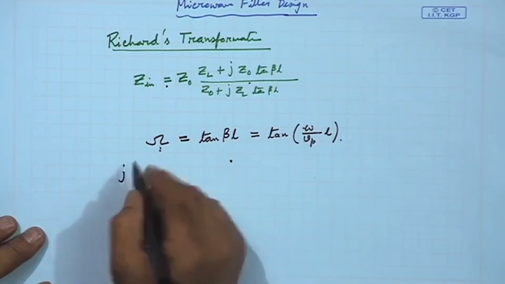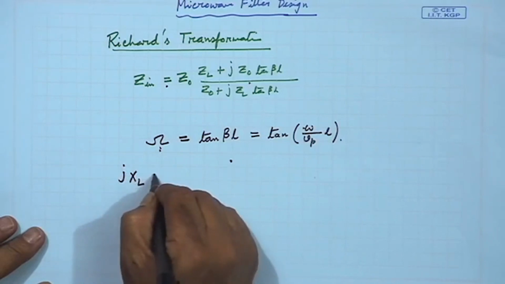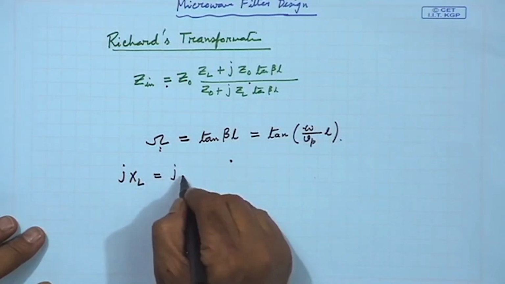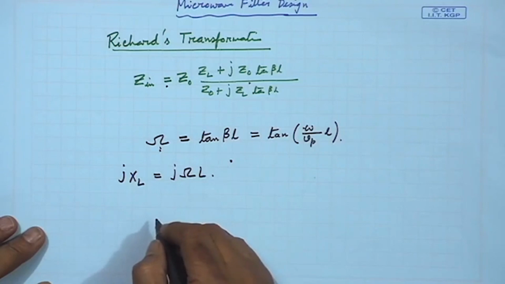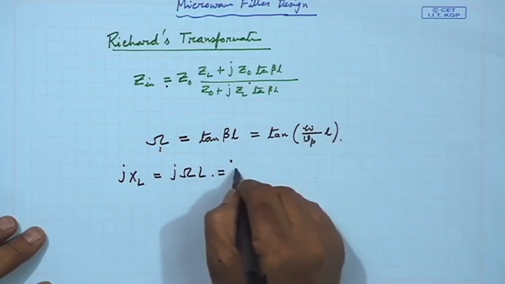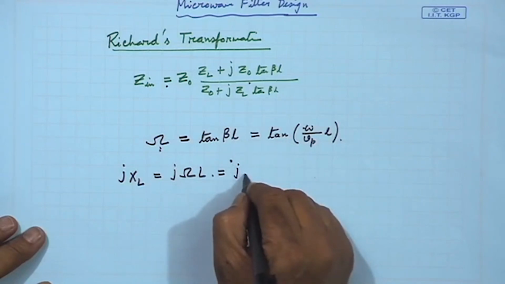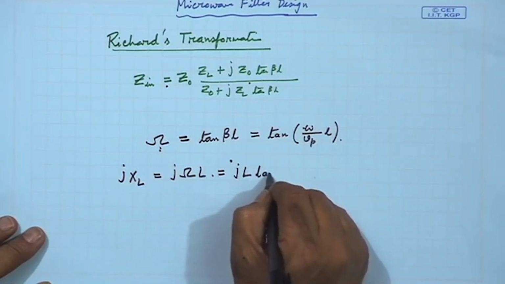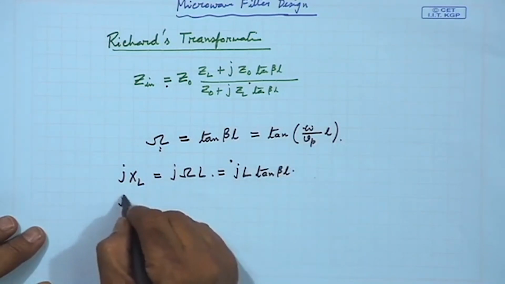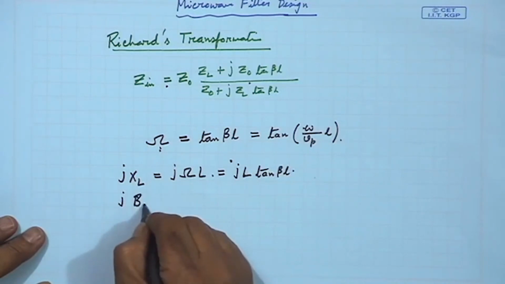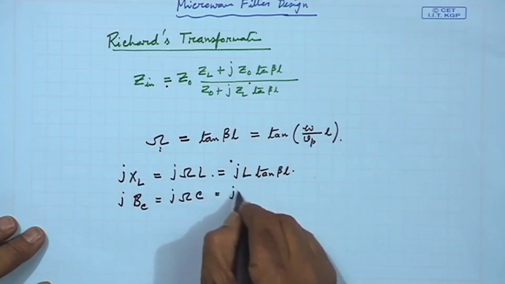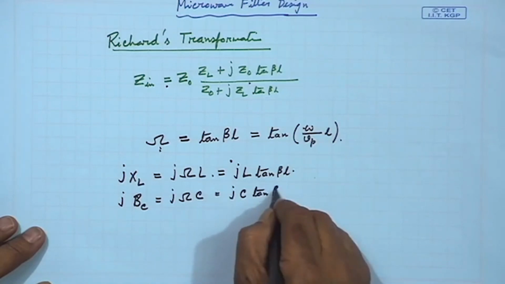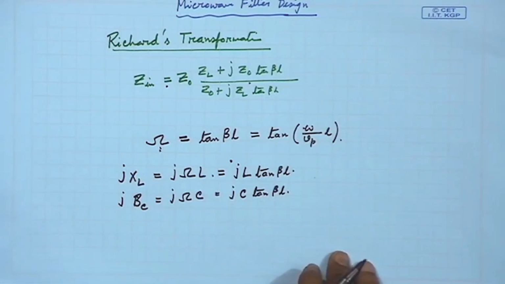So, we can now write what happens to inductors. Previously we were writing the impedance as j omega L, now we will be writing gamma L, and similarly for the susceptance of capacitors. How are we getting this?